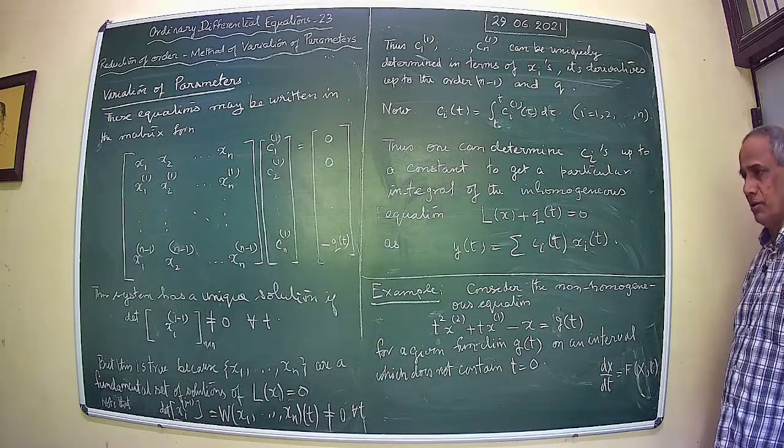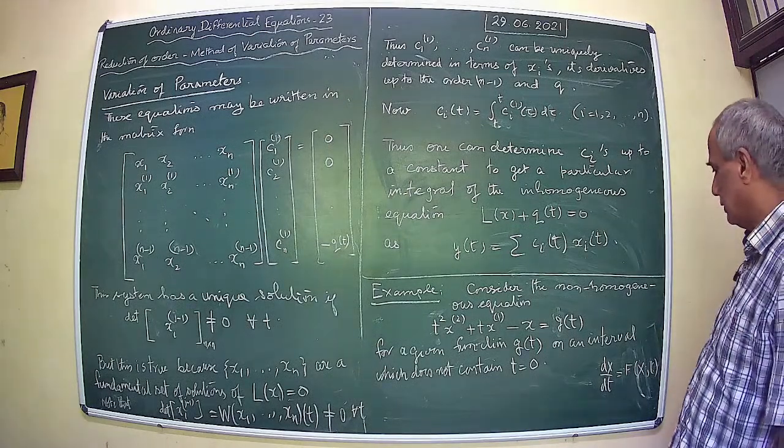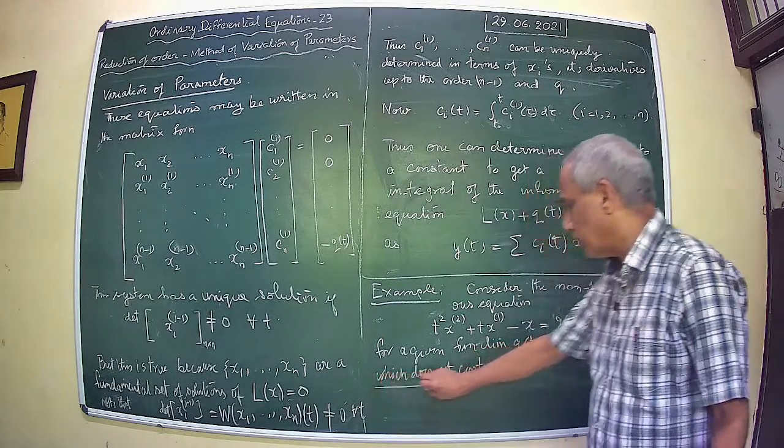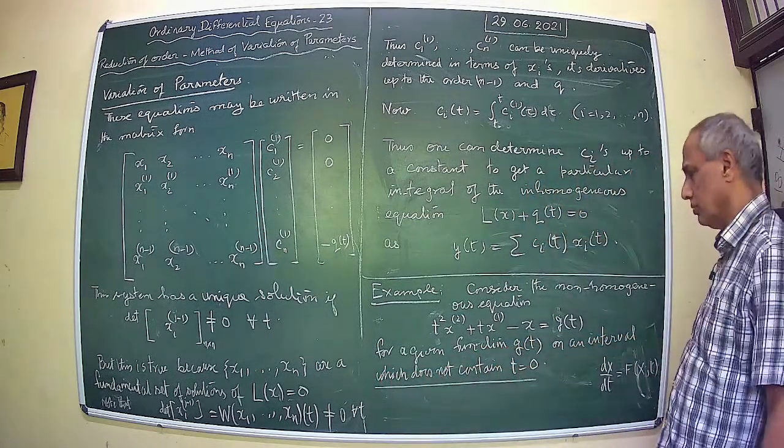Therefore that's why we are assuming an interval which does not contain t equal to 0.